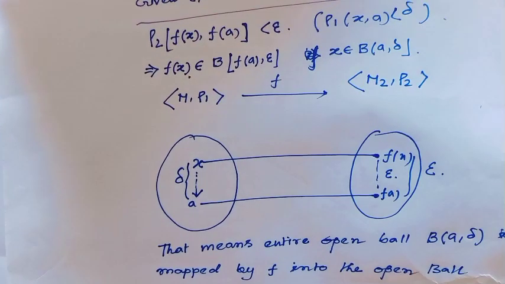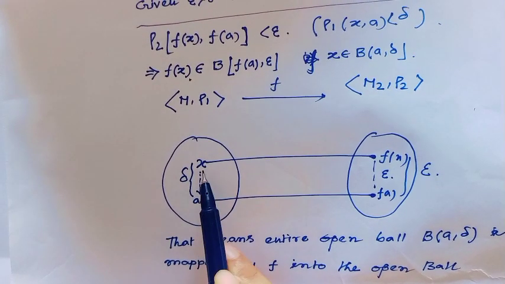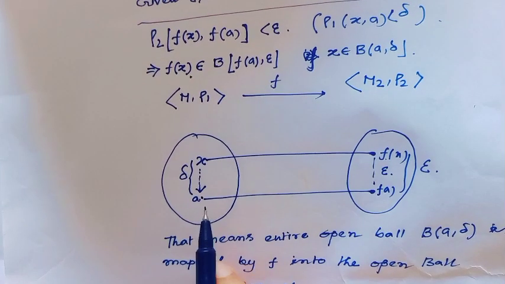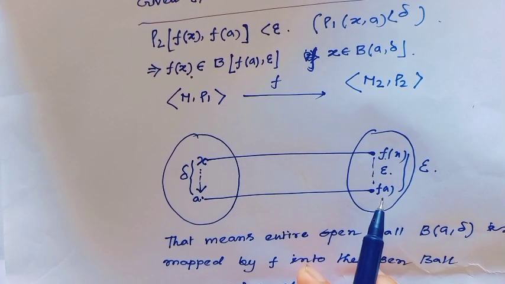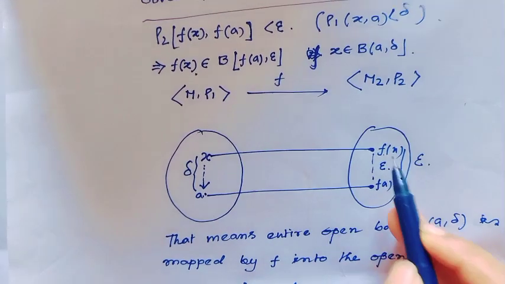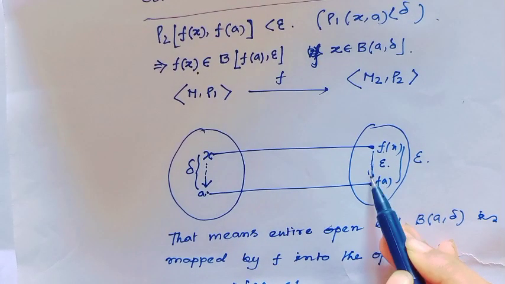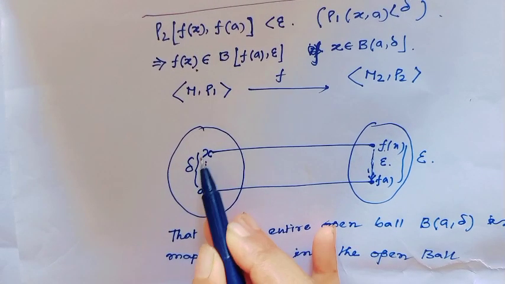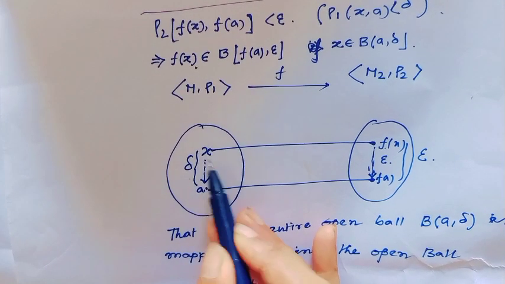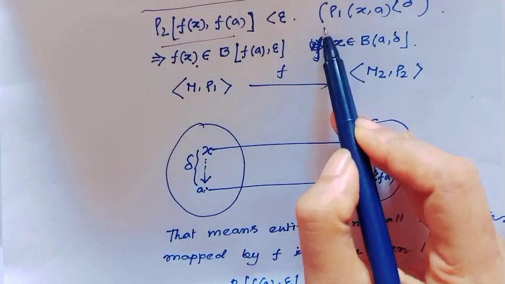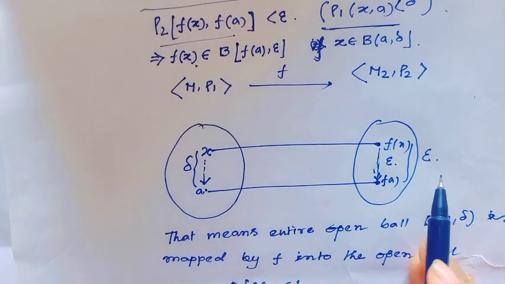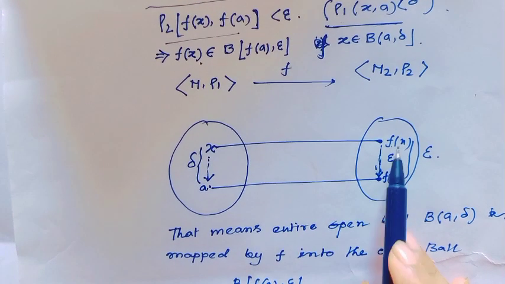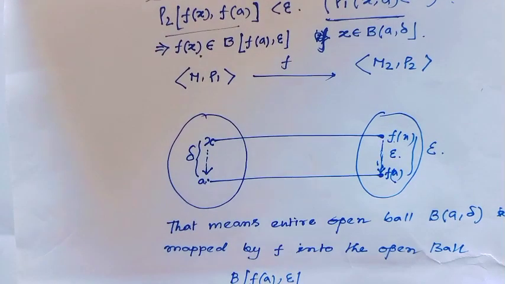That means x goes to a. Consider x goes to a. The image of x is f(x) and the image of a is f(a). f(x) goes to f(a) means this point. x goes to a means x lies in the delta neighborhood, and f(x) goes to f(a) means f(x) lies in this epsilon neighborhood.